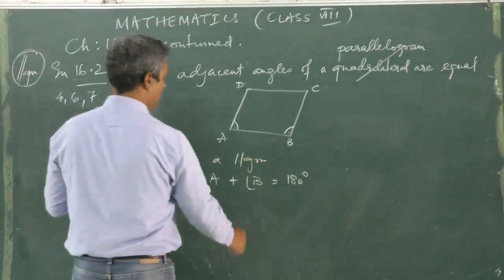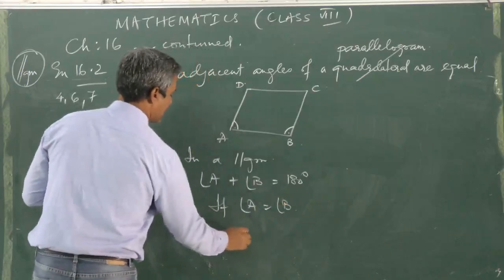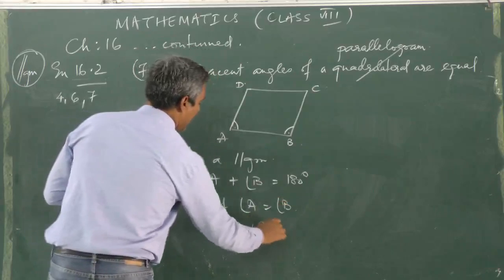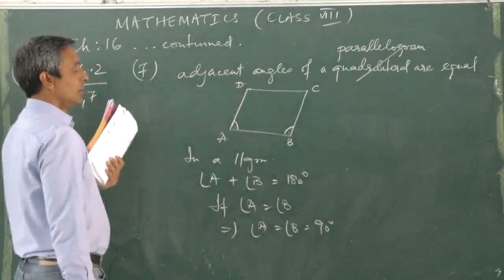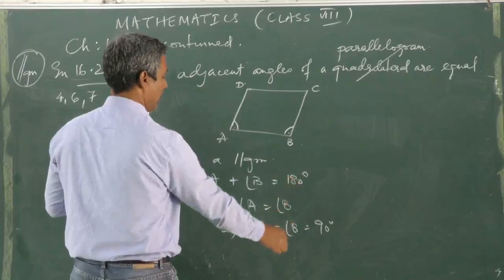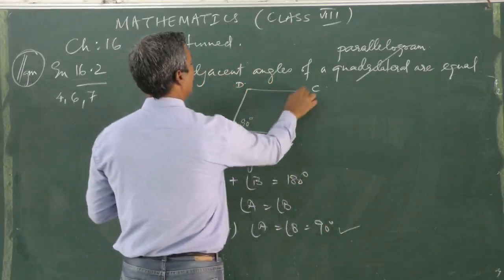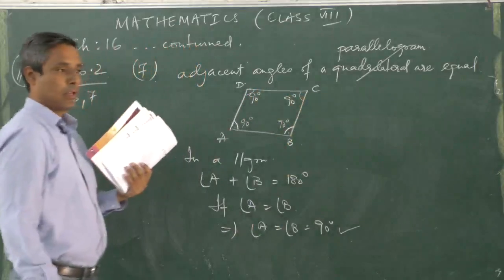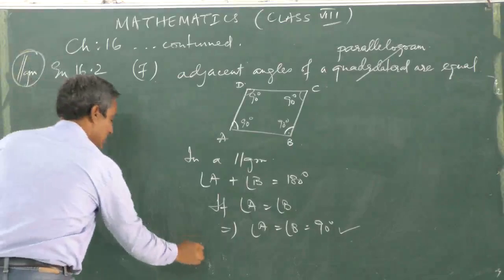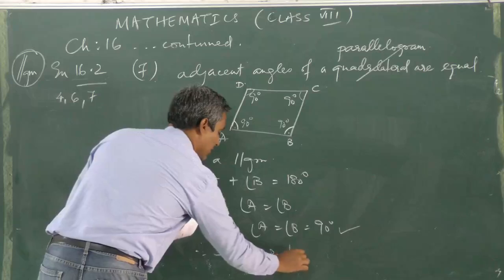So if they are equal, if angle A is equal to angle B, then it must follow angle A is equal to angle B is 90 degrees. So in a parallelogram where the adjacent angles are 90 degrees, it follows that all angles are 90 degrees. And if all angles are 90 degrees, then it is a rectangle.